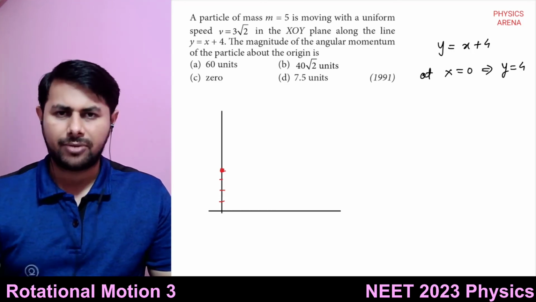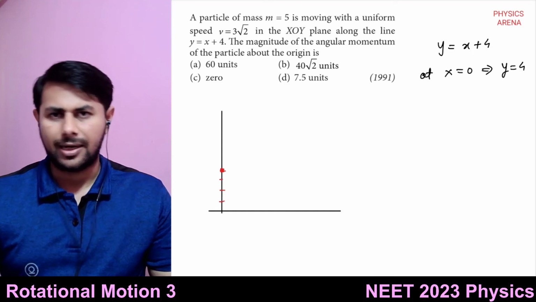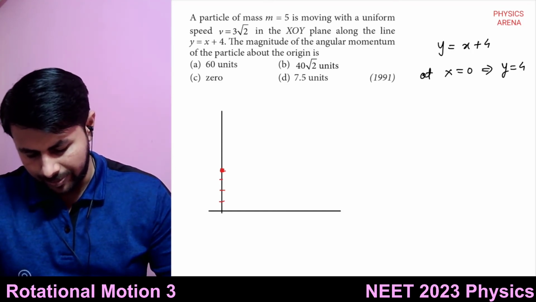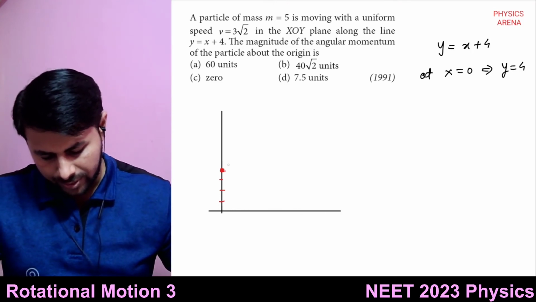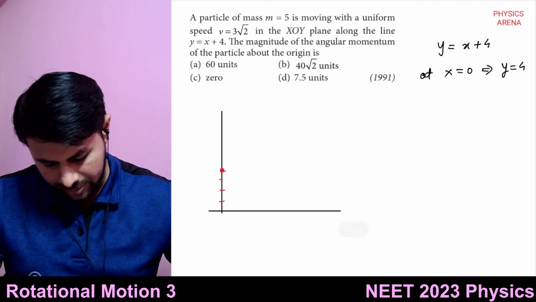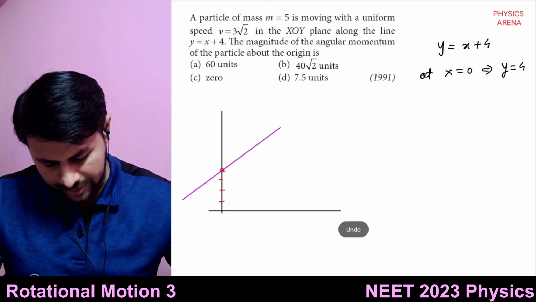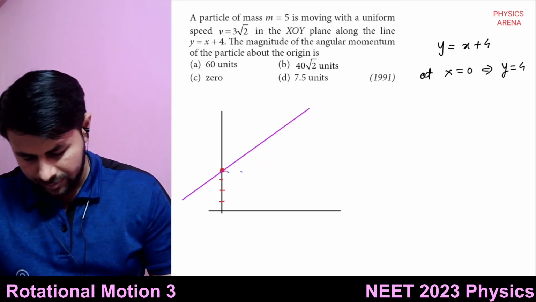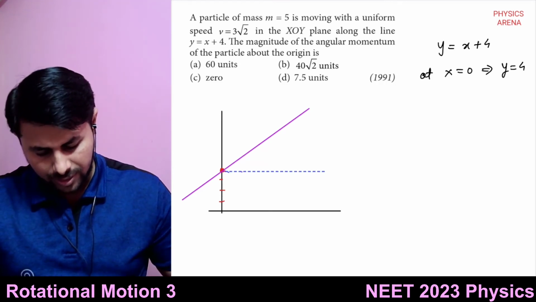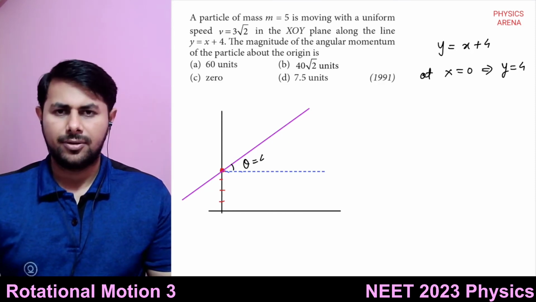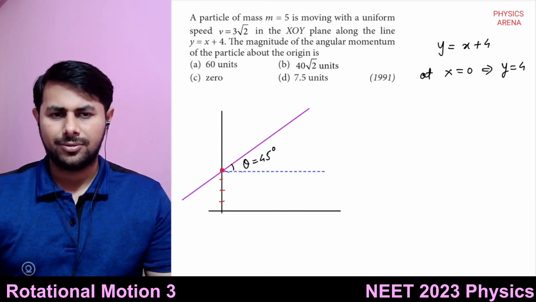Then you can take some other value of x and find out some other value of y. When you have 2 points, you can plot the line. So the line will look like this. So how much will be this angle? This angle would be equal to 45 degrees. And why so?